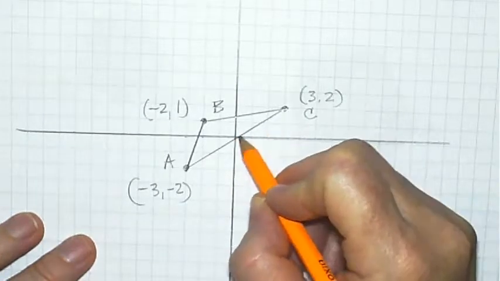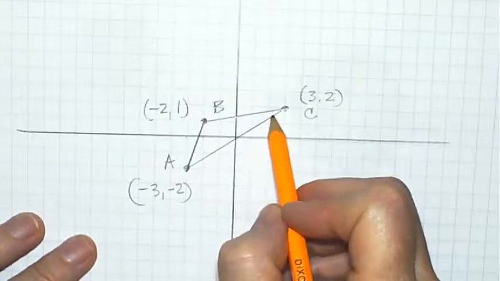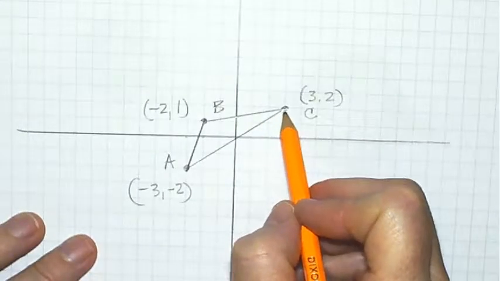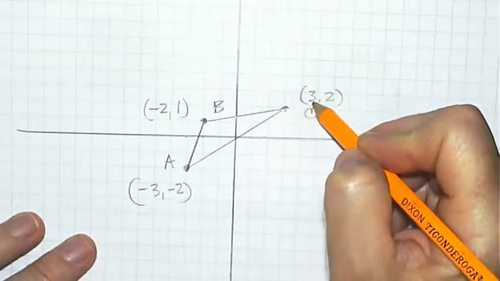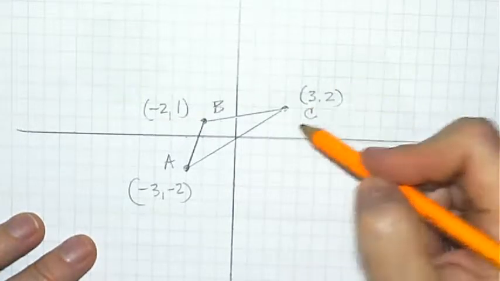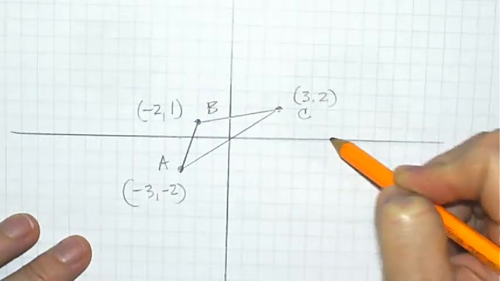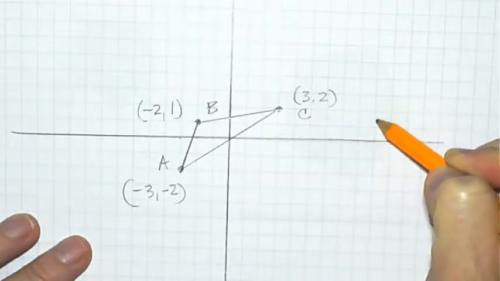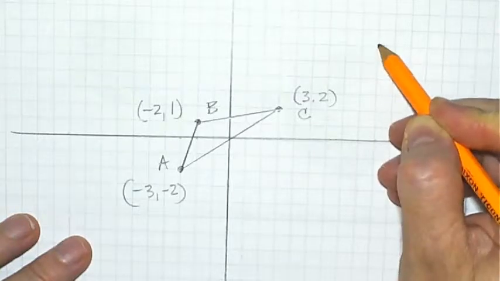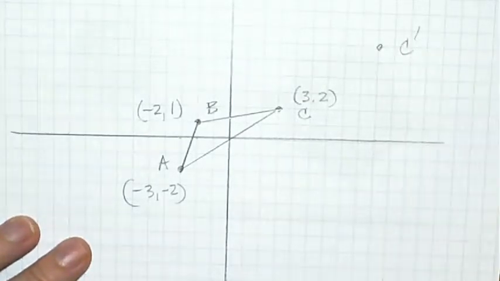There's a ray going through the origin and this point, and if I'm multiplying by 3, then I'm going to multiply the rise by 3 and the run by 3, or I can just do 3 times 3 is 9 and 2 times 3 is 6. So then my new point would be at 4, 5, 6, 7, 8, 9, 1, 2, 3, 4, 5, 6. Okay, so that's going to be C prime.